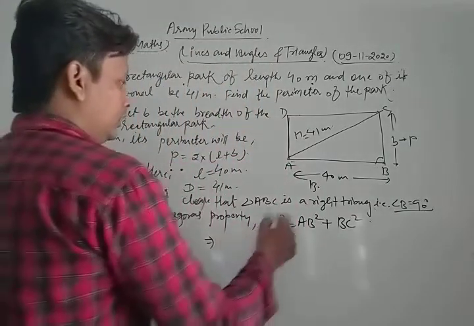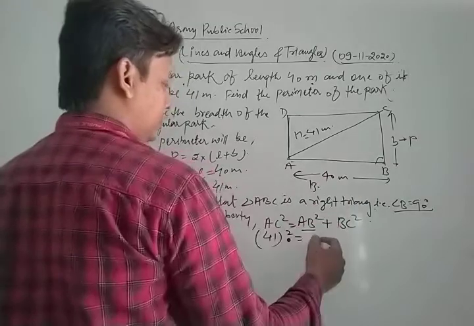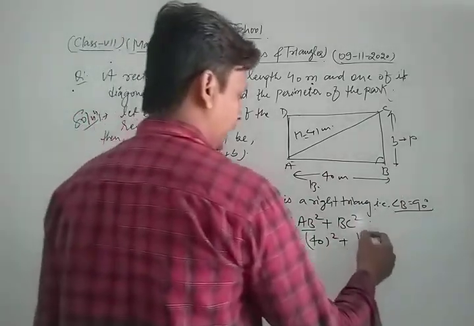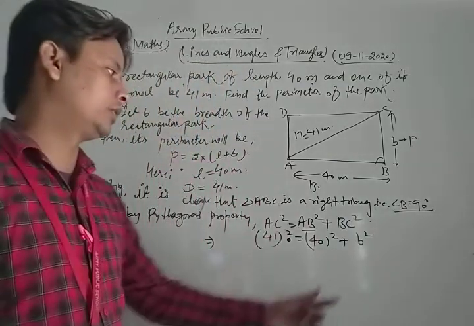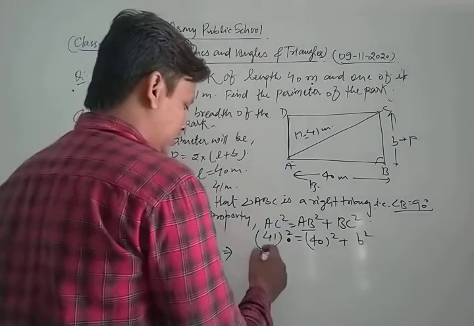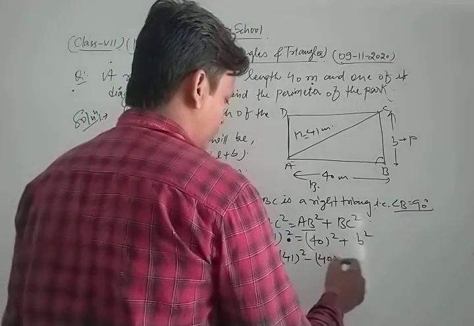Okay, now we put the value of AC as 41 square, and the value of AB as 40 square, and plus BC as the breadth of the rectangle, this is B square. Okay, now simplifying them, we get B square is equal to 41 square minus 40 square.